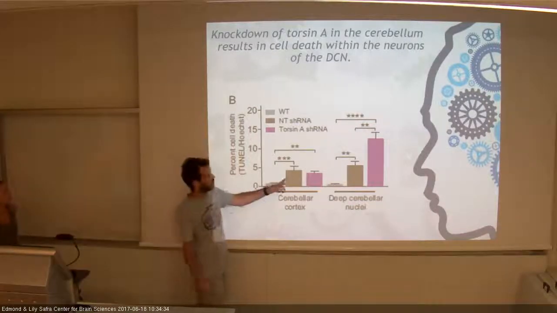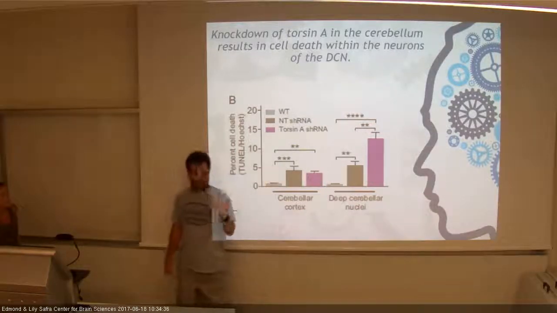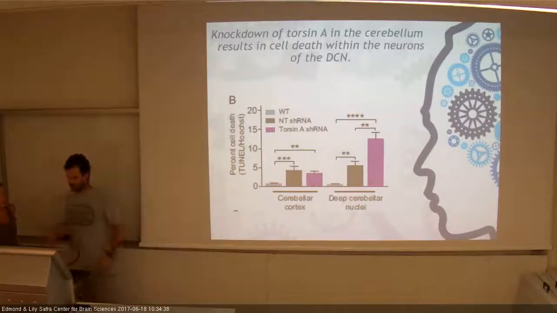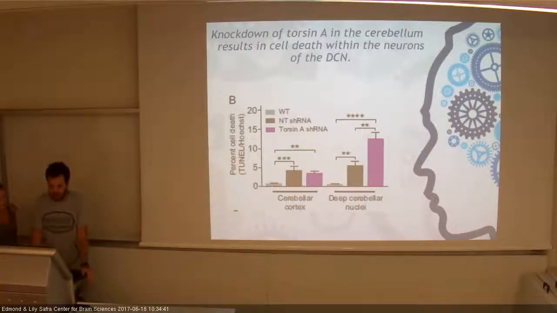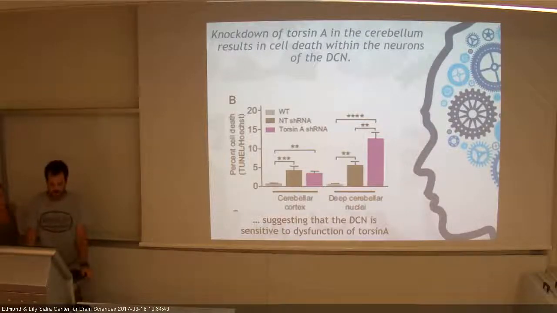While you do the whole procedure of getting inside the cell or the population of cells, you have a significant death only when you inject the specific torsin A. Which suggests that the DCN is sensitive to dysfunction of torsin A. Again, toward dystonia and the importance of torsin A in dystonia and the importance of DCN in dystonia.